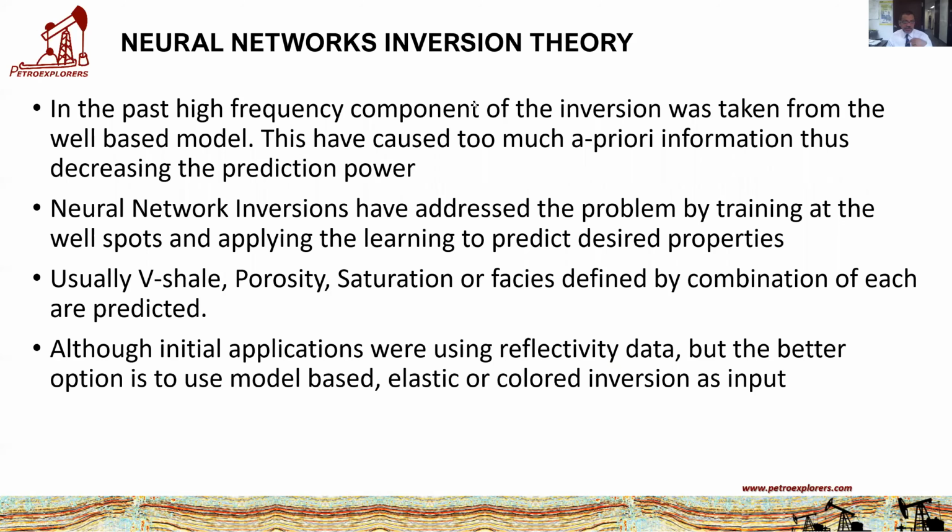So that is where neural network inversion, from my point of view, comes in after the deterministic inversion or various elastic inversions as an input. So that then you can relate to a larger number of wells, the neural network way of finding that relationship and then applying that learning to the rest of the hidden layers.